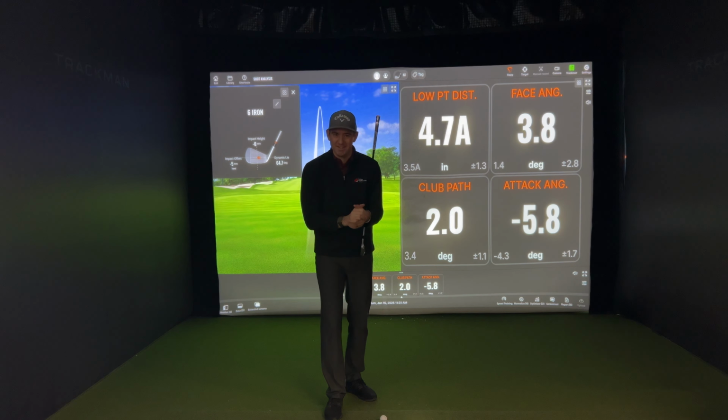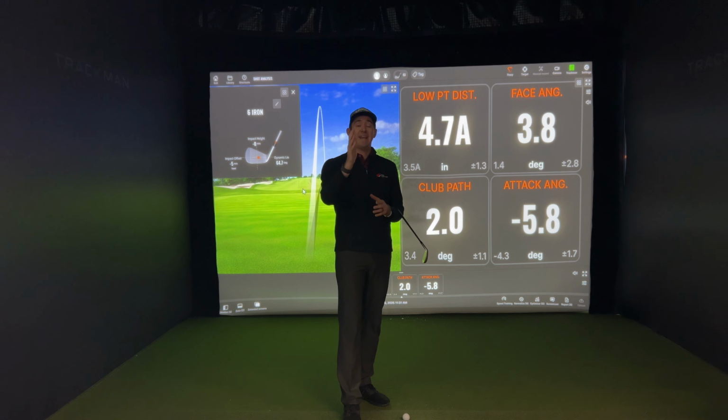It doesn't matter how you slice it, relative to the path, the club face is open. So if you want to stop slicing it, the first number that has to change after you make good contact in the right spot is where that club face is pointing. So that's why the third most important number to understand is your face angle and what face angle you're trying to achieve.